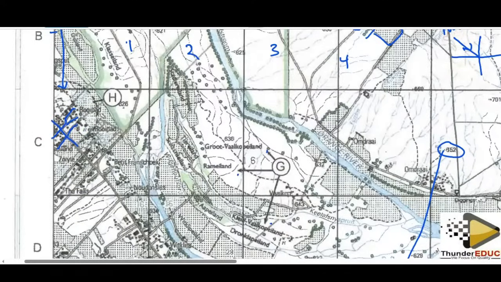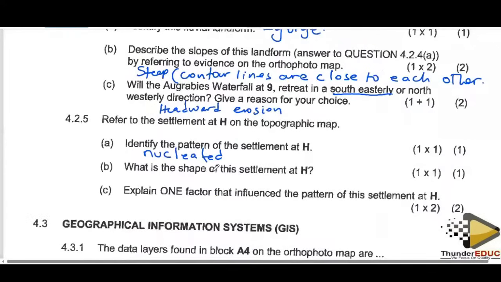Certainly settlements develop where roads cross through each other. So we're going to refer to this as a crossroad, because roads are crossing through each other. So a crossroad shape.